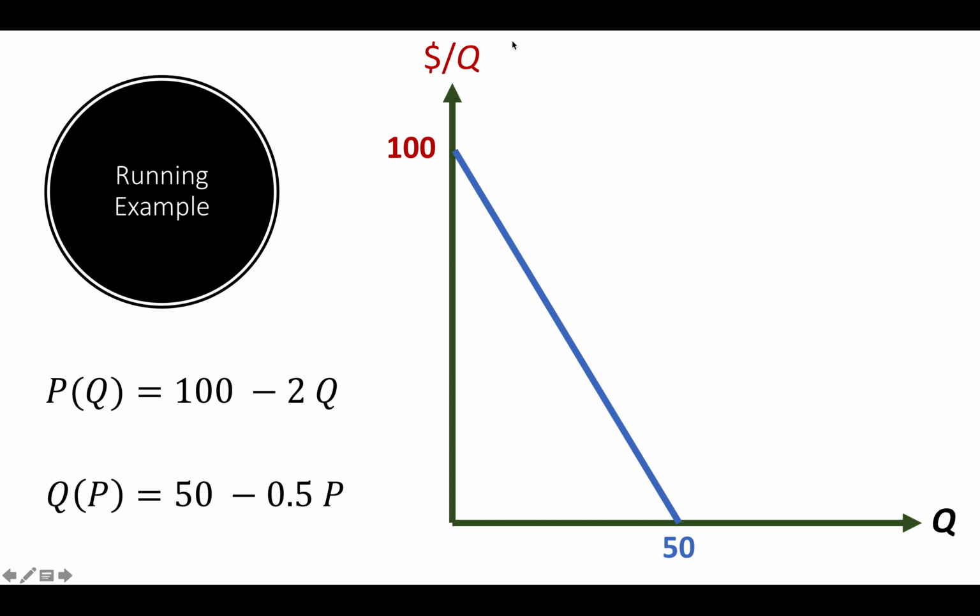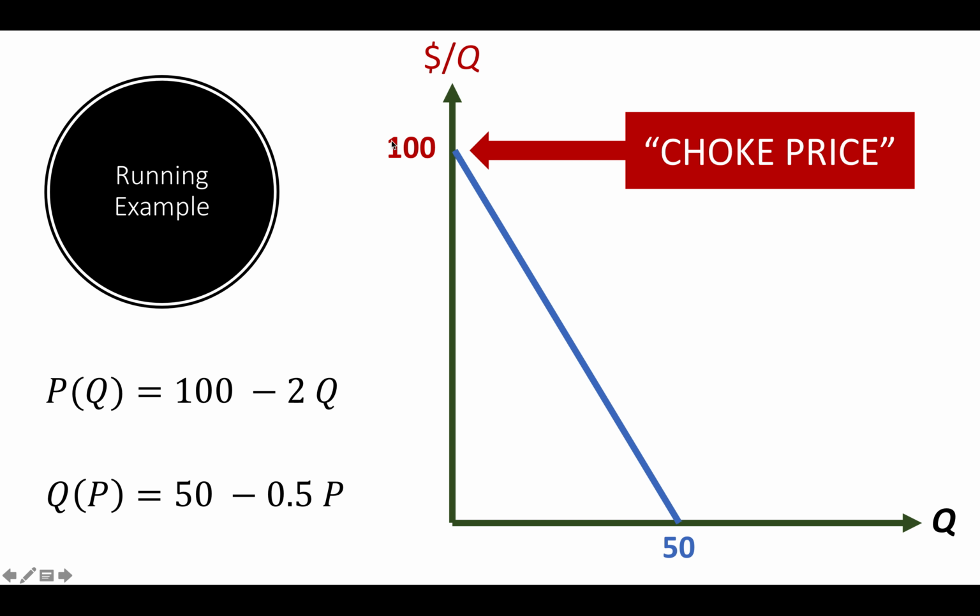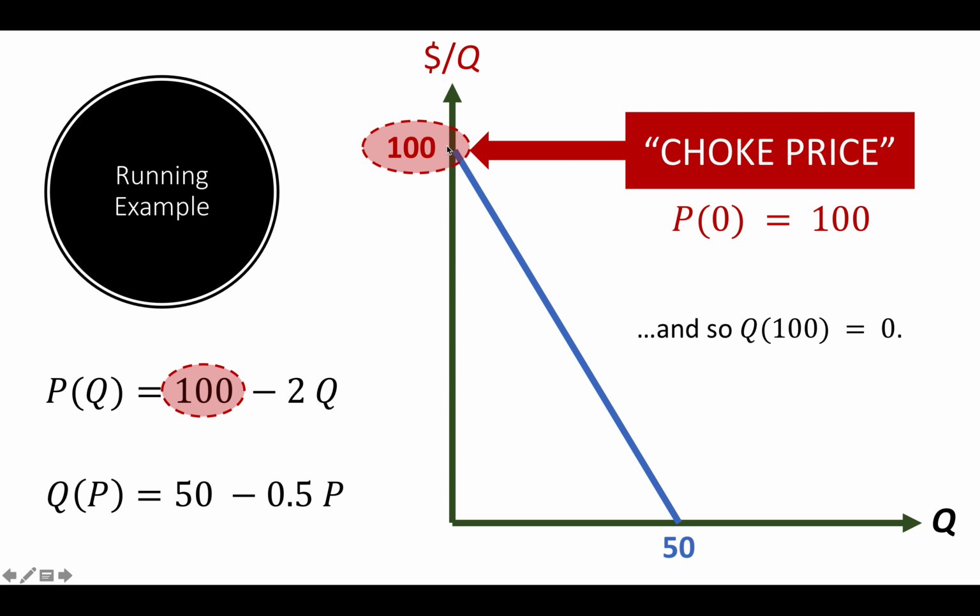We've got the per unit price on the y-axis and the quantity demanded on the x-axis. This curve here is the inverse demand curve. The red number here is the choke price, which shows up down here. So it is the y-intercept of this curve.